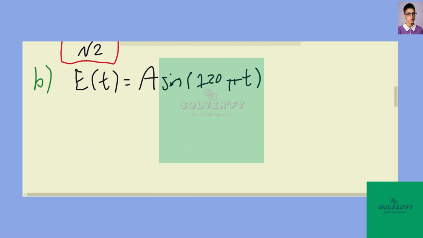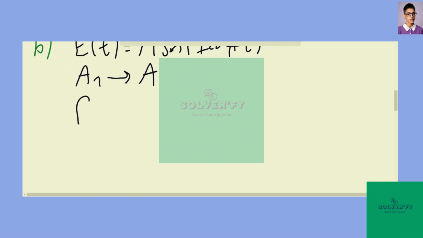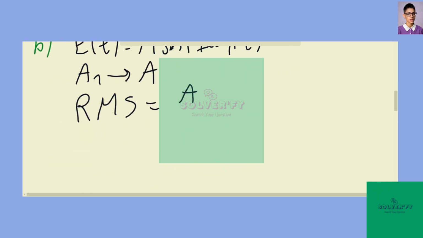So if RMS in that question was a1 over square root of 2, in this case our RMS would be a over square root of 2. In the last one, it was a1 over square root of 2. Here, it's a over square root of 2.